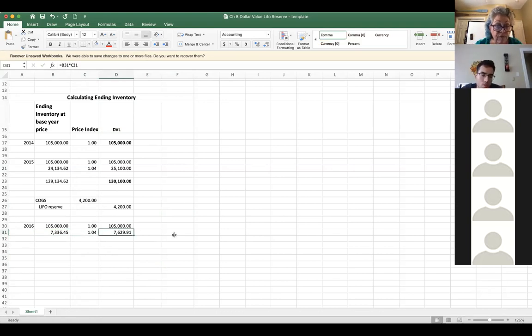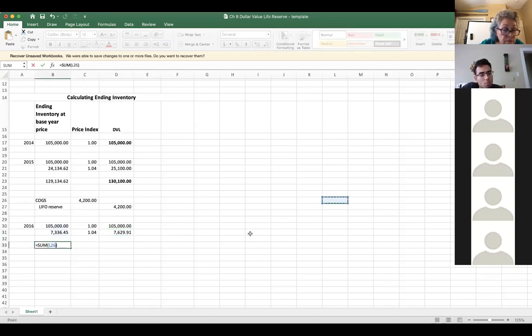So I reinflate at my index, and now my 2015 layer that I still have in 2016, quantity at 2015 price is 7,629.